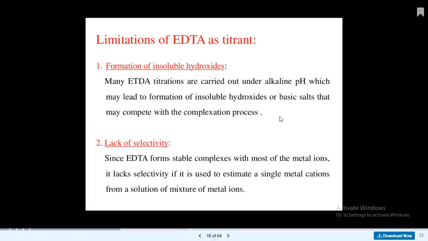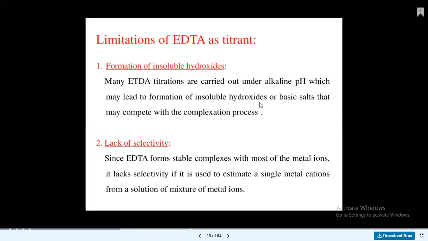So ammonia is used as an auxiliary agent to mask the metal ions and avoid the formation of hydroxide. So the metal is available to react with EDTA.